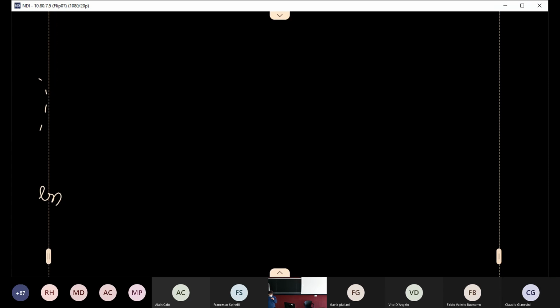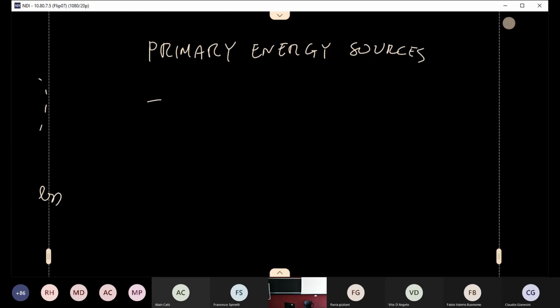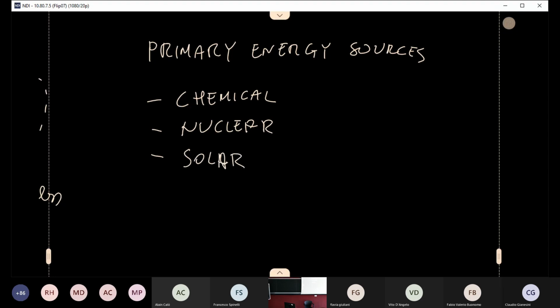So primary energy sources are typically only three, and they are the chemical energy, the nuclear energy, and finally the solar energy. So these are primary energy sources.